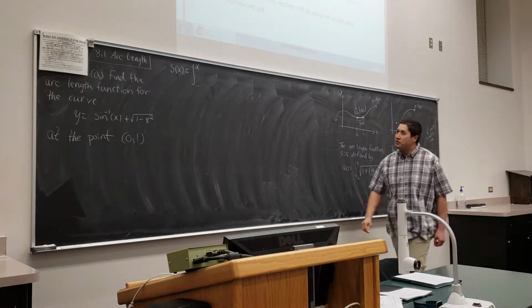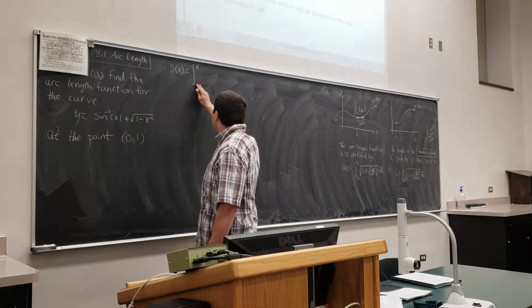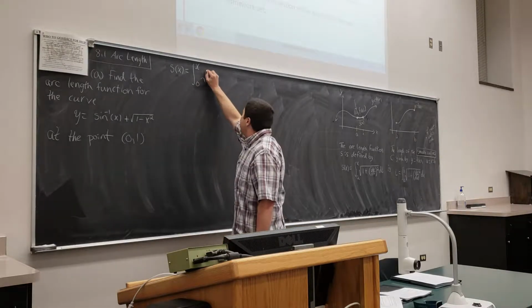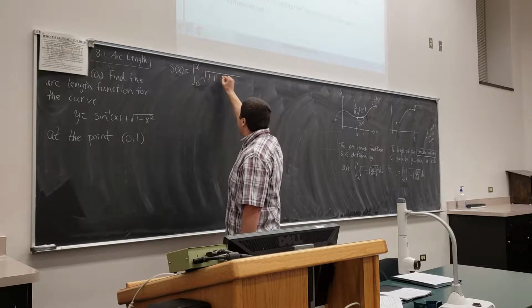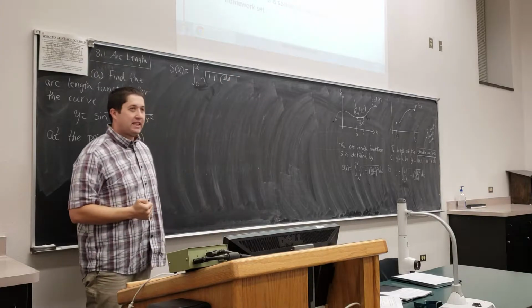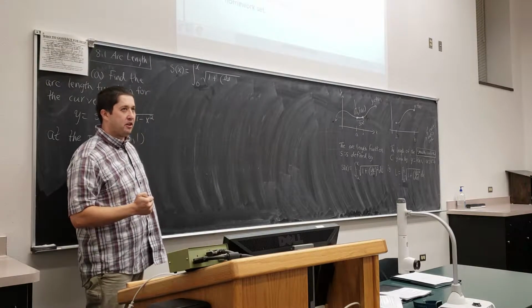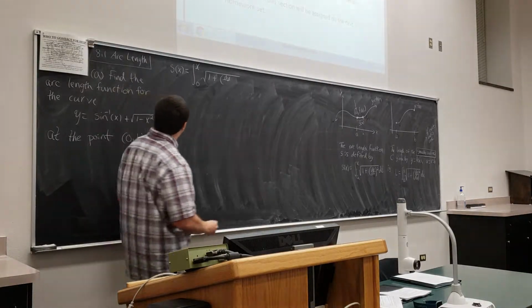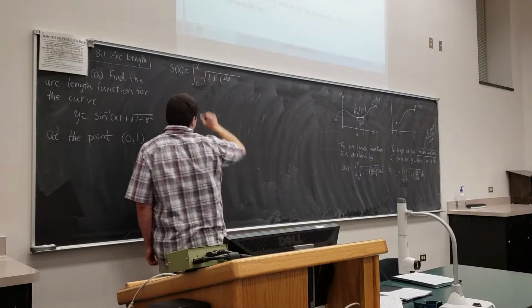So we're going to go from 0 to whatever the value x happens to be of the square root, the same quantity as before, 1 plus dy. And I really, really want to say dx. It feels like the right thing to do. It's not necessarily wrong, it's just frowned upon. And the trouble is there's already x in the problem.